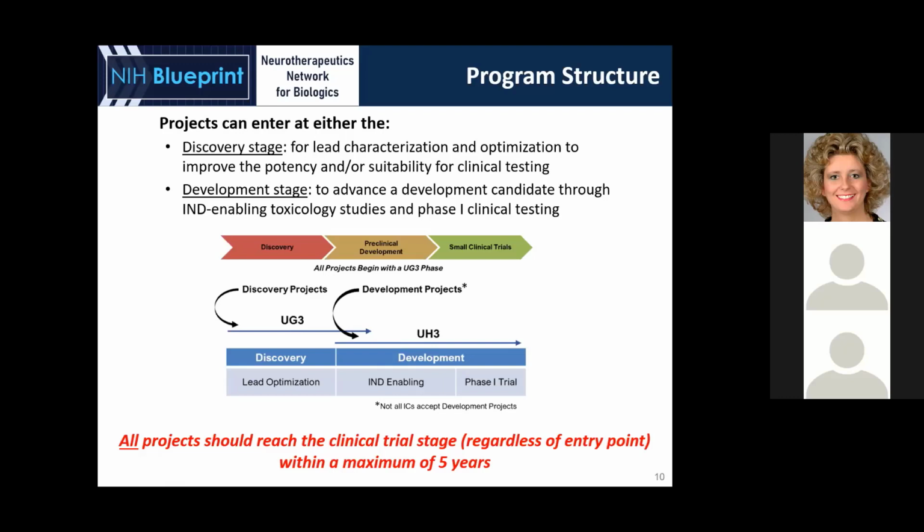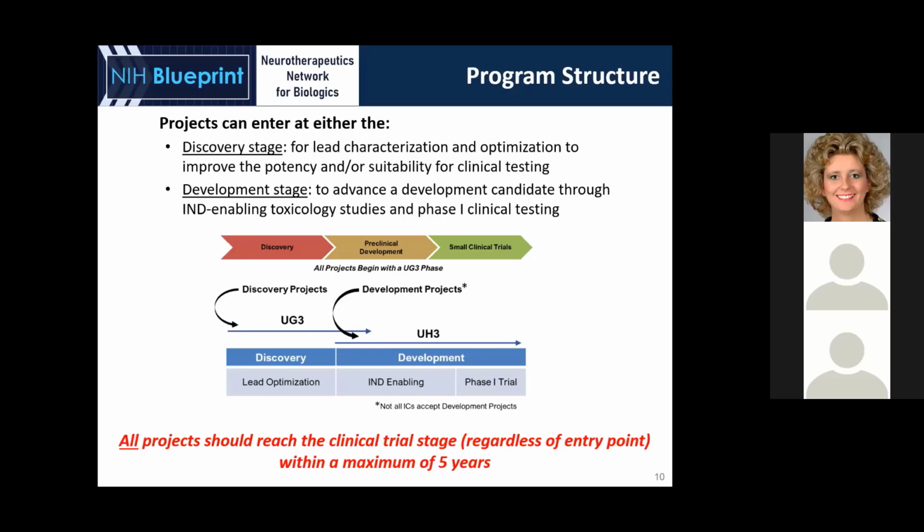So the FOA is written broadly to account for these different modalities and disease indications, as I mentioned in a previous slide, but it also takes into account the fact that we have variable entry points. And projects can enter at either the discovery stage or the development stage, based on the modality and the level of associated risk. That results in different trajectories and different expectations on what's really needed to successfully move through the pipeline.